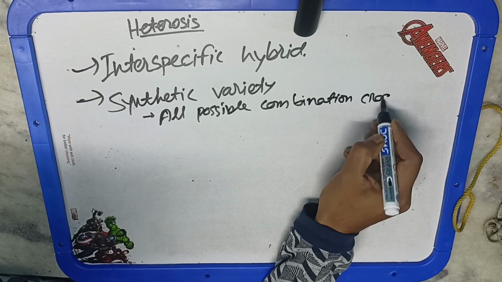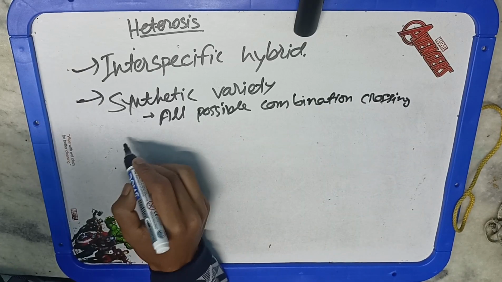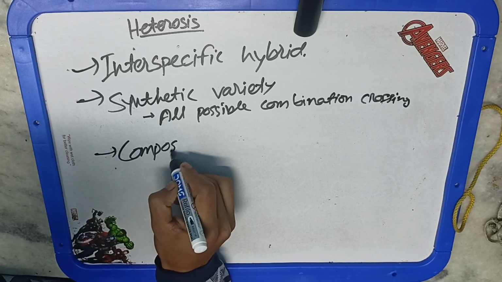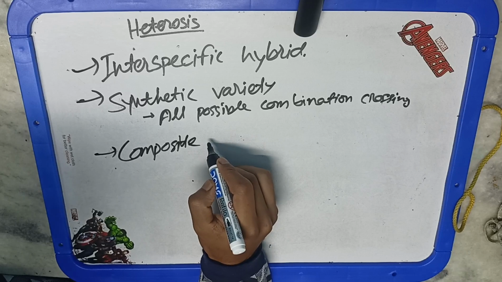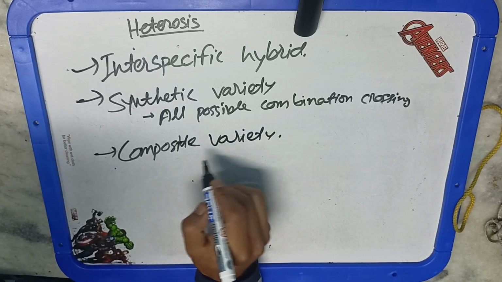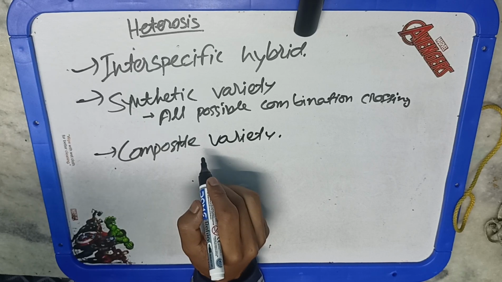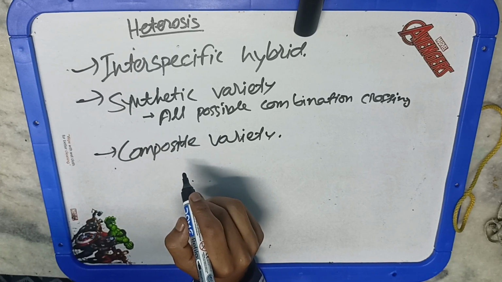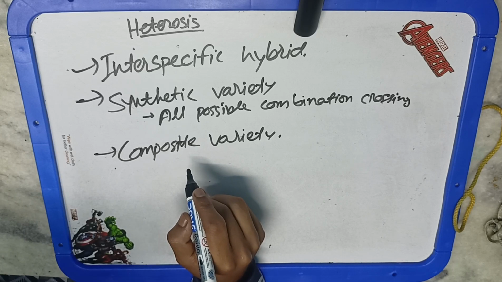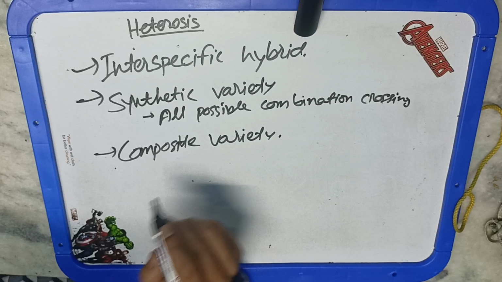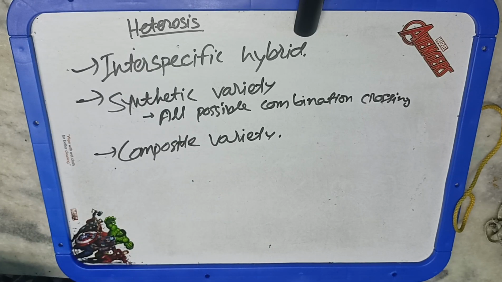While in the composite variety, we generally mix the seed of several phenotypically outstanding lines and encourage open pollination. But in the synthetic variety, we take some superior inbreds, make crosses in all possible combinations, and according to their combining ability, we maintain them by open pollination. Here we are not making the crosses, we are directly growing and encouraging open pollination. This is basically the difference.